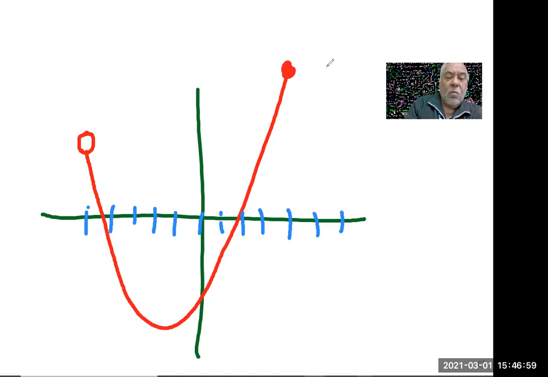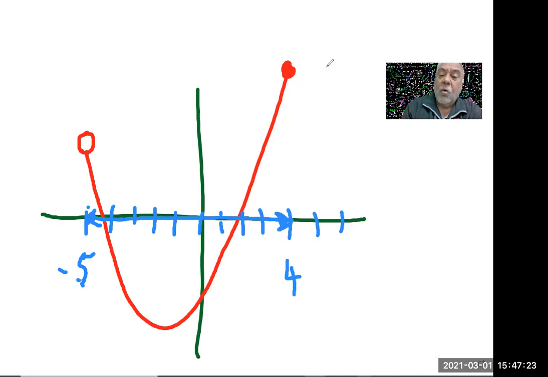Okay, so 1, 2, 3, this is -5 on the x-axis, and this is +4 on the y-axis. So if I ask the domain, what can x be? It can be anything between there and there, but it can't actually equal -5.